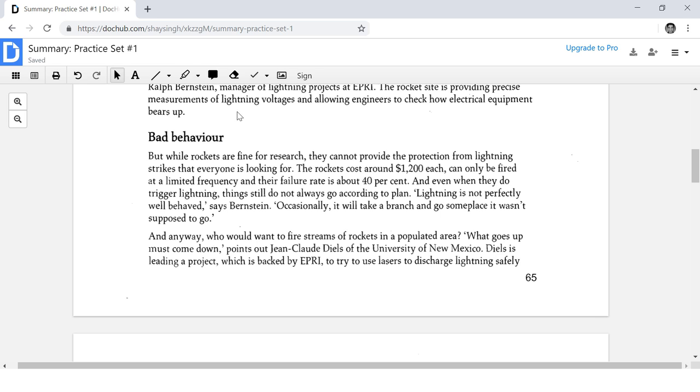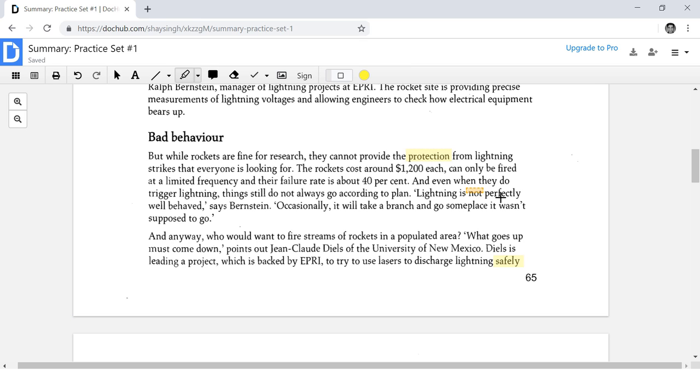That could be synonym language. That could be useful for us. Let's see if we see anything else related to dangerous. Talks about protection. I mean, think about what would you really need protection from? From something that is dangerous, right? So that could be where we find our answer. It's possible.